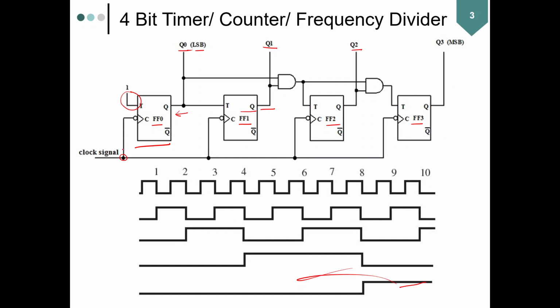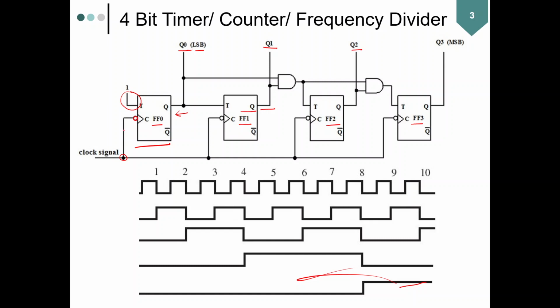They sample the input, perform their function, and give you the output. Here we have a small circle at the clock input of the flip-flop. This means that this is a negative edge triggered device, which means it is going to sample the input at the negative going edge of the clock.